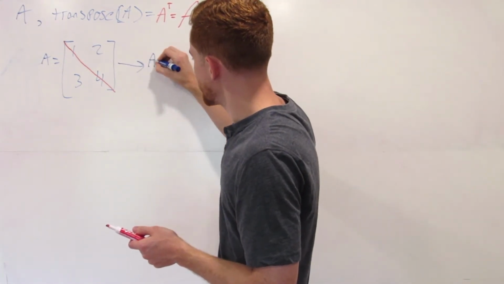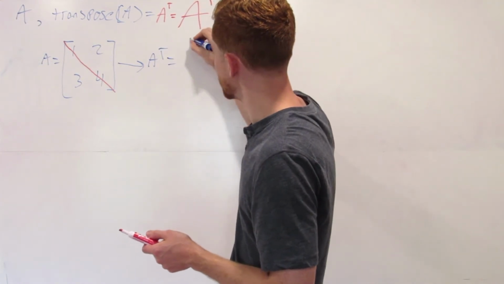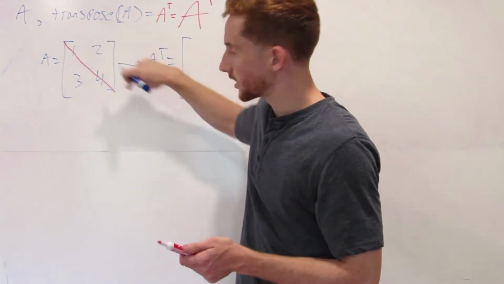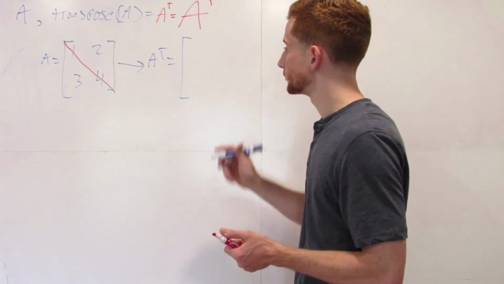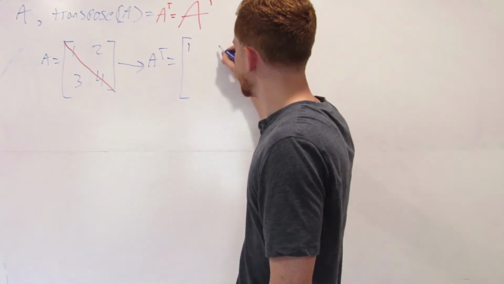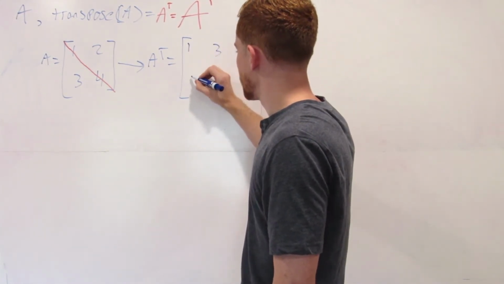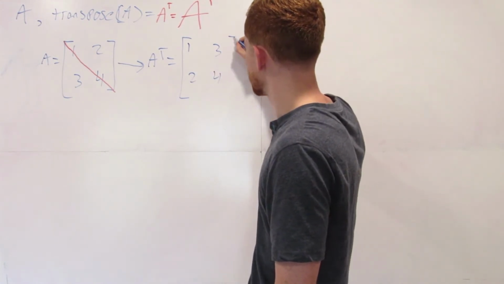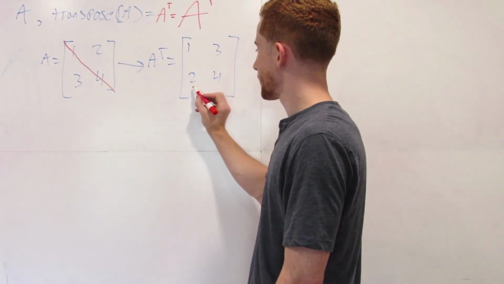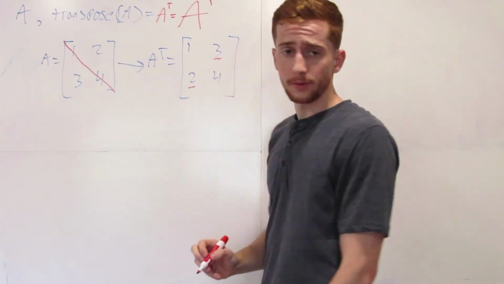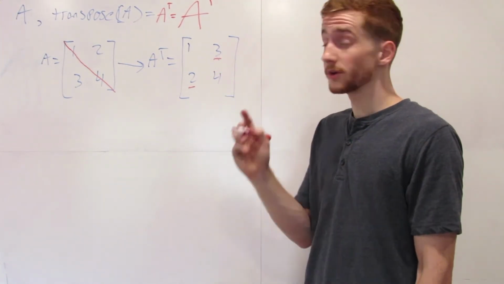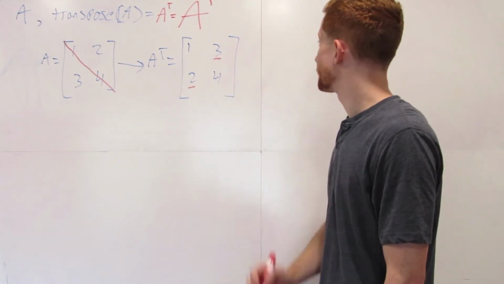That means that A transpose is equal to, so the diagonal stays in place, the diagonal doesn't move. So it's going to be equal to [1, 3; 2, 4]. So notice that the 2 and the 3 switch places there.